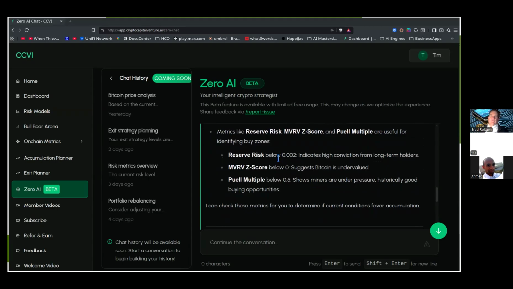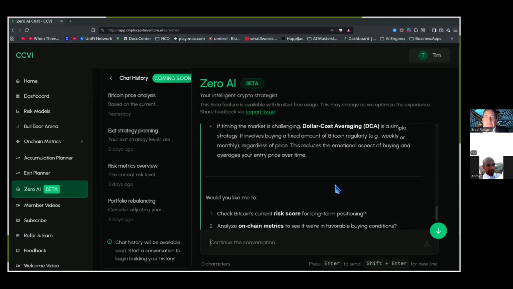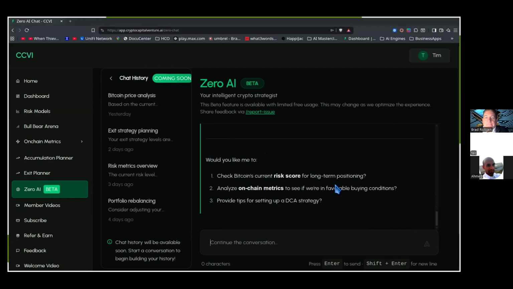Okay. So it looks like it has a few different ways to determine that. If you're getting like three of the four, I'm thinking like the risk one and two of those that are listed right there, or if you get all four of them lined up, it's like, well, yeah, this looks good. But if two are one way and two are the other way, maybe it's kind of on the fence, so to speak. You can turn around and ask it here.